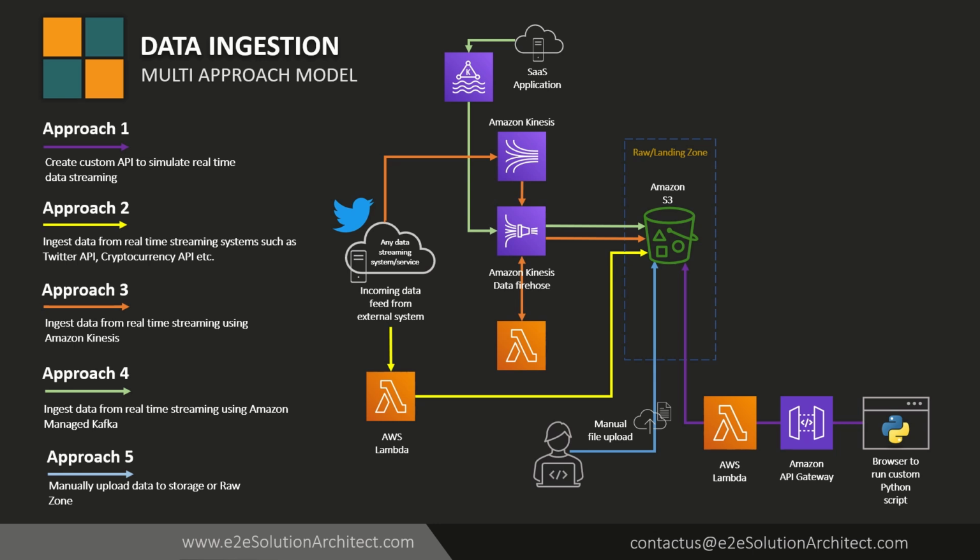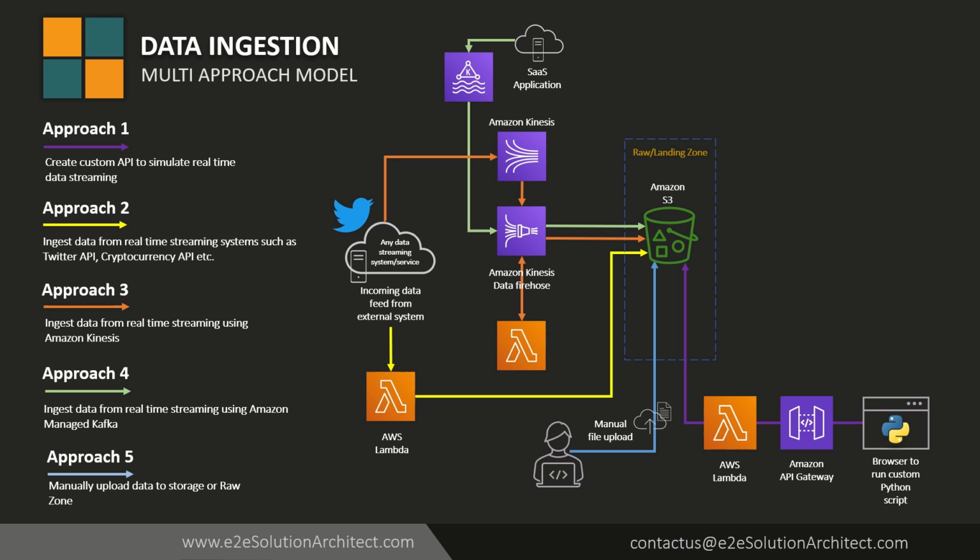Now in our next few sessions, we will be discussing the other approaches one after another. Approach 2 is to ingest data from real-time streaming systems such as the Twitter API or a cryptocurrency API. There are a few APIs and platforms where, if you register and use their credentials, you can ingest that real-time data streaming into your landing zone or raw zone for your data lake purposes or for your research or analysis.